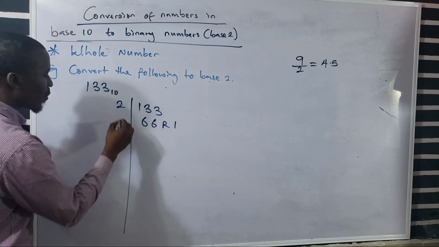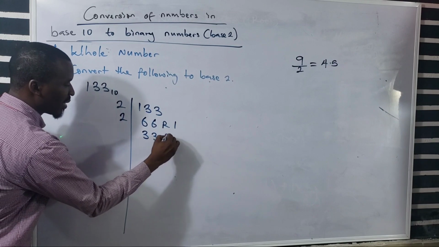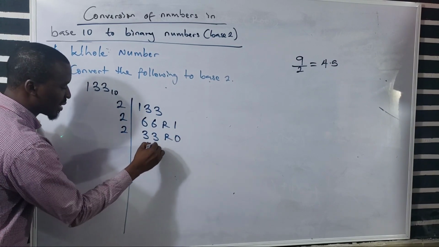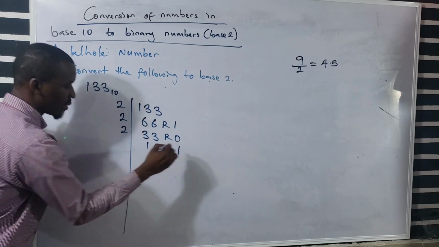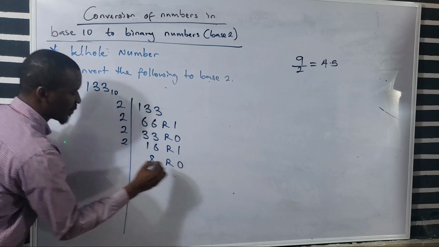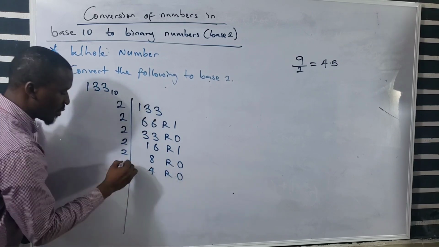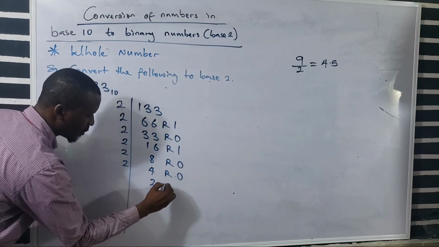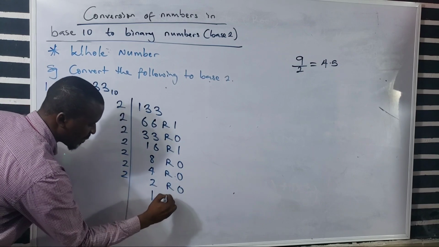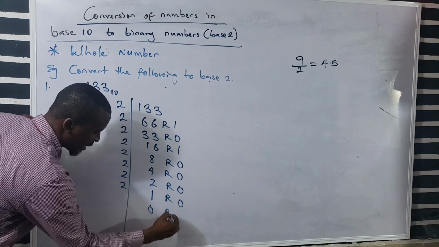Now when you go with another 2 here, you have 33, remainder 0. So 2 again will give you 16, remainder 1. 2 in 16 will give you 8 remainder 0. 2 in 8 will give you 4 remainder 0. 2 in 4 will give you 2 remainder 0. 2 in 2 will give you 1 remainder 0. 2 in 1 will give you 0 remainder 1.